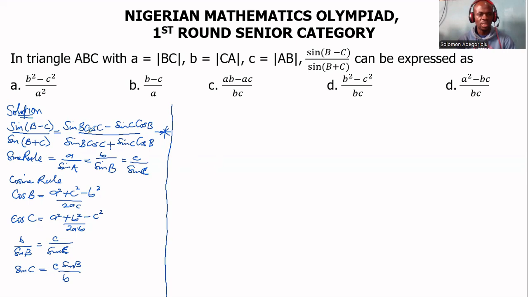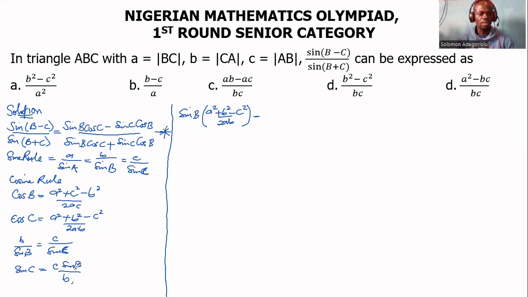We have sine B. Sine B is not known, so we still keep our sine B, then in brackets, cos C. We quote this formula here: cos C is a squared plus b squared minus c squared over 2ab. Close the bracket. Then we have minus. Then here we have sine C. This is our sine C here.